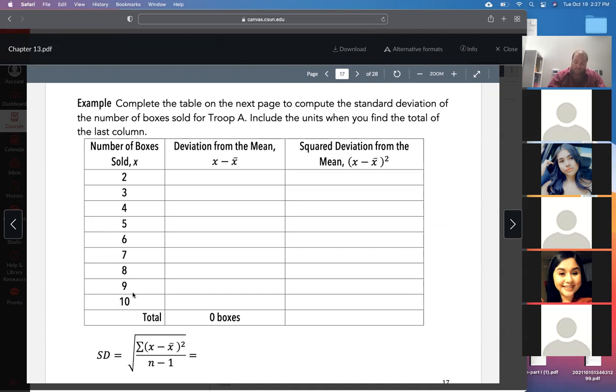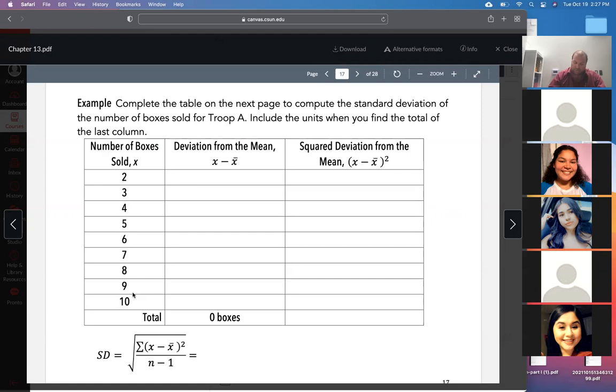What's the mean of 2, 3, 4, 5, 6, 7, 8, 9, and 10? Wouldn't it be 20? I don't think it's 20. The mean, not the mean absolute deviation, the mean. How do I find the mean? For 2 it'll be 4.